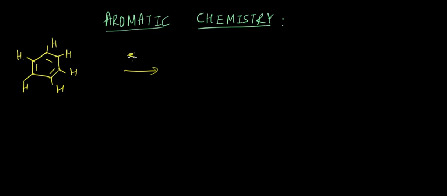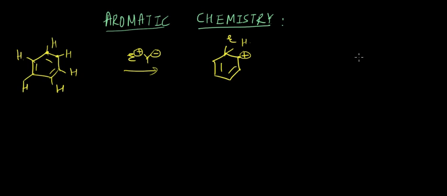Now what happens is we have some electrophile which wants to connect itself with the benzene ring via an electrophilic substitution reaction. Okay, so what happens is the double bond actually breaks up to accommodate the electrophile, and positive charge will come on this carbon atom.